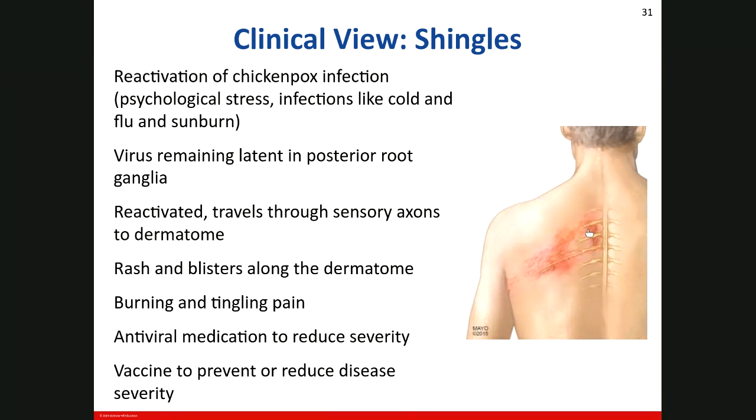It's stored in the posterior root ganglia. It is stored there, it's a live virus, and it becomes reactivated when we have some stress, some infections, some problems, and it can make rashes and blisters along the dermatome, as you see here.